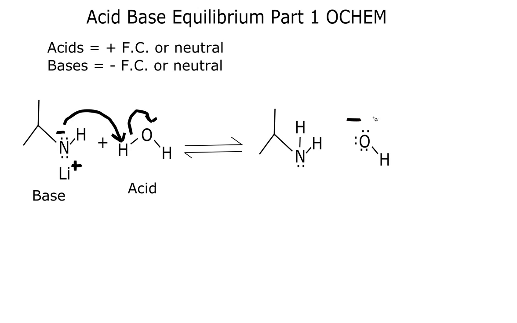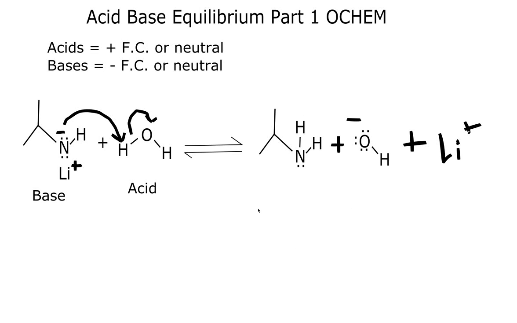And you could check out the formal charge formula, which would show 1, 2, 3, 4, 5, 6, and 7. 6 minus 7 is -1. So I'm going to write a minus right here. So we can't forget our lithium. So our lithium ion, our cation, is floating around, and this is just good to know. Since this lithium cation is positively charged, it will be close to this negative formal charge. It will be surrounding this hydroxide. So I'm just gonna leave it right here, but this is what our equation should look like.